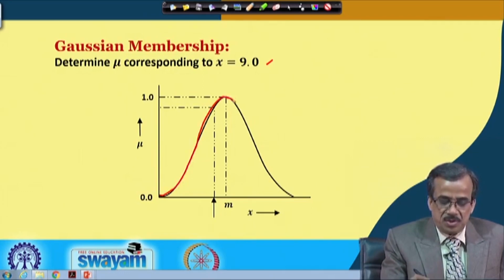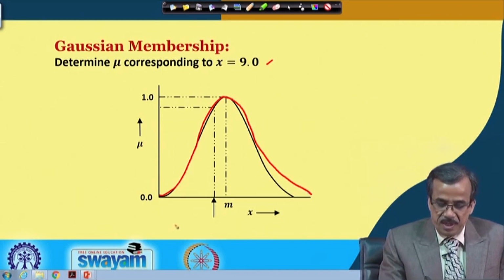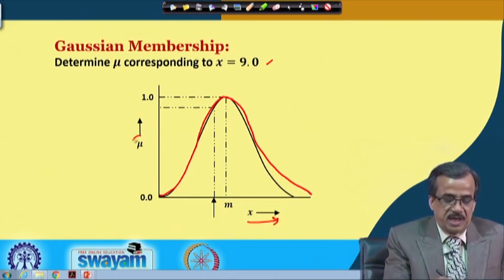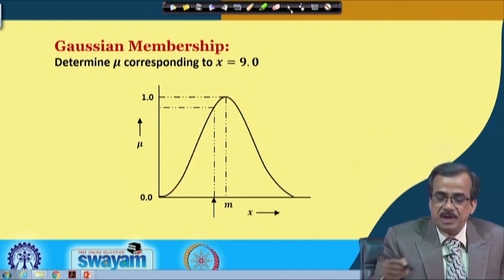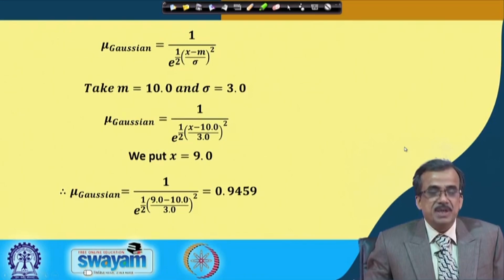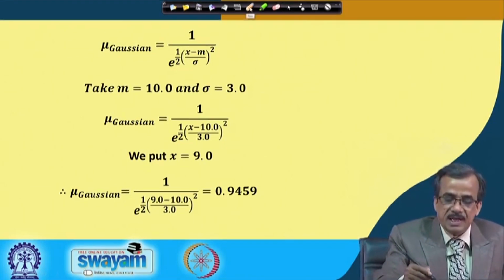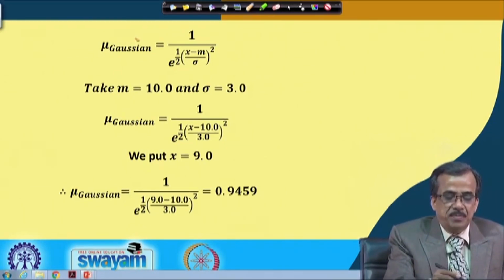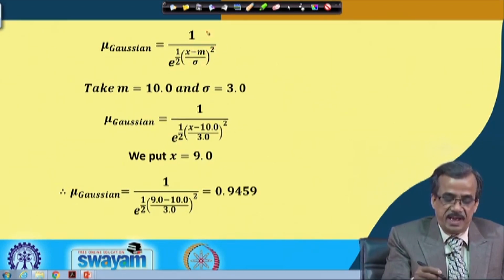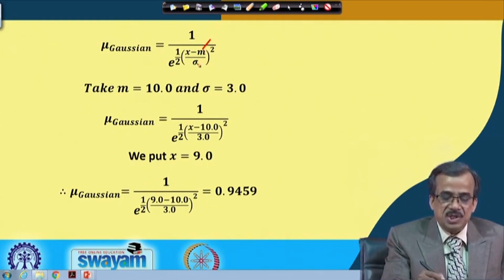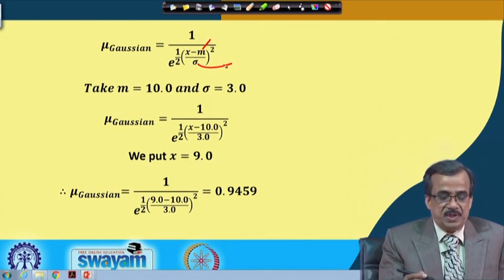This is the x direction and this is the mu, and we know the mathematical expression for it: mu Gaussian is 1 divided by e raised to the power half into ((x minus m) divided by sigma) square, where m is the mean of the Gaussian distribution and sigma denotes the standard deviation.